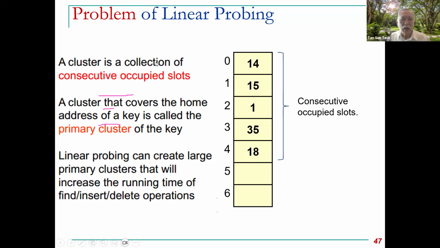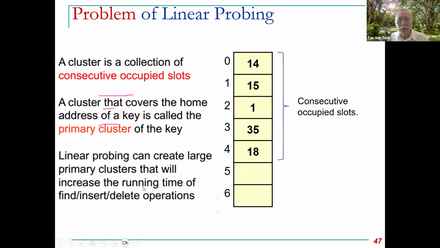A cluster is a collection of consecutive occupied slots, and the cluster that covers the home address of a key is called the primary cluster. So this cluster 14, 15, 1, 35, 18 is clustered around the home address 2.